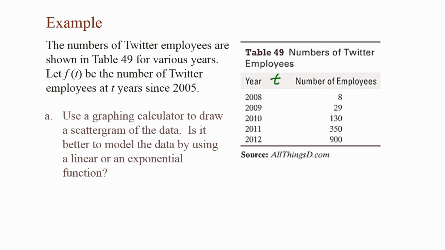So t is the number of years since 2005, so that means that 2008 would be 3 years, 2009 would be 4, 2010 would be 5, 2011 would be 6, and 2012 would be 7. So those are the values we want to type in L1, and then the number of employees we will type in L2.